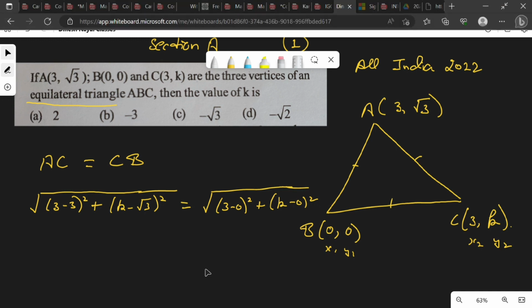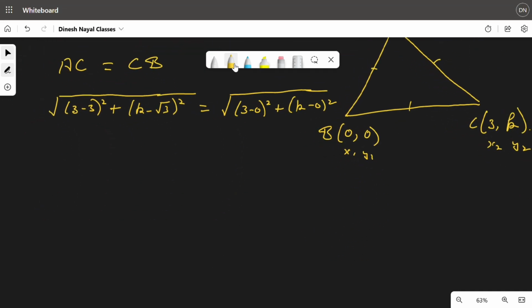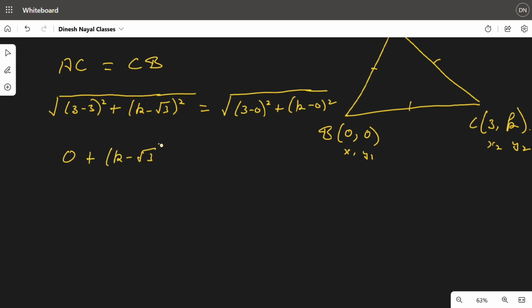So now solving this part. See, 3 minus 3 becomes 0. So 0 plus k minus root 3 whole square, whole under root, which in turn is 3 minus 0 is 3, and whole square becomes 9.